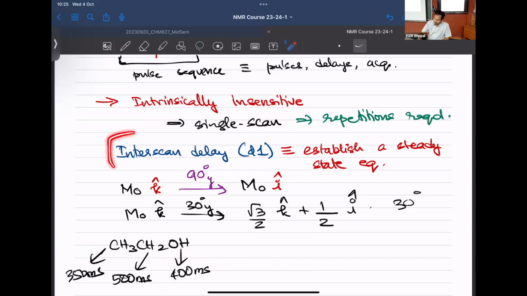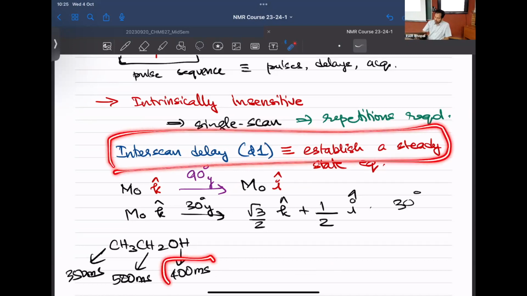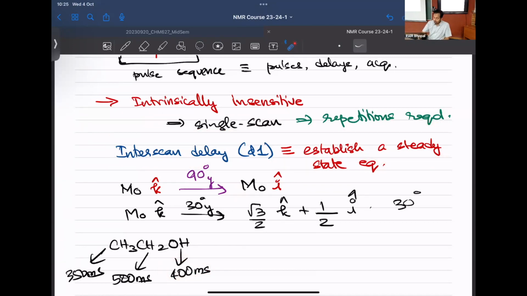So you have to set this interscan delay looking at the maximum T1, and probably you would want to set the D1 to 2 seconds, so as to ensure that all the protons have recovered to as close as possible to 99%, so that when you repeat the experiment and integrate, your integrals will work out well.